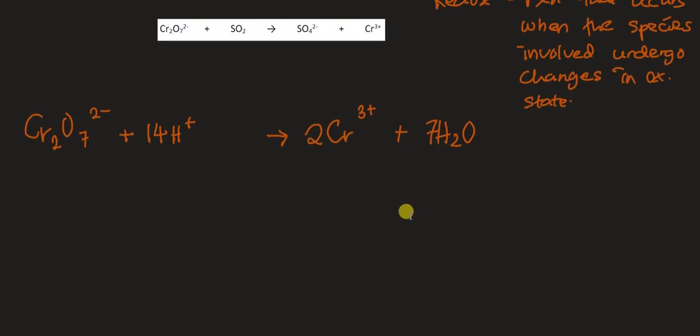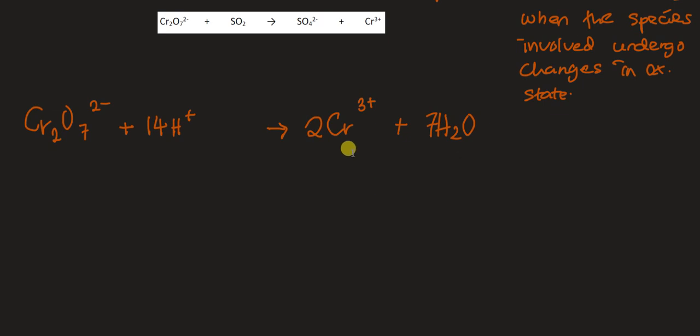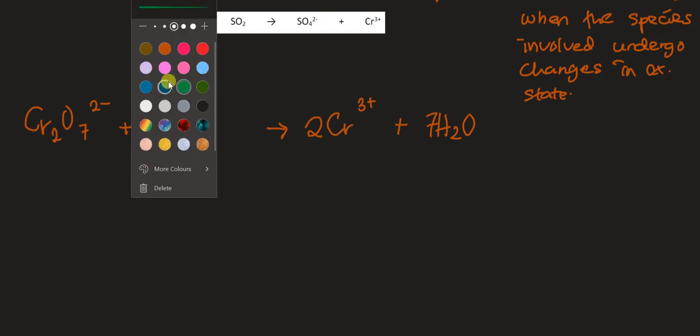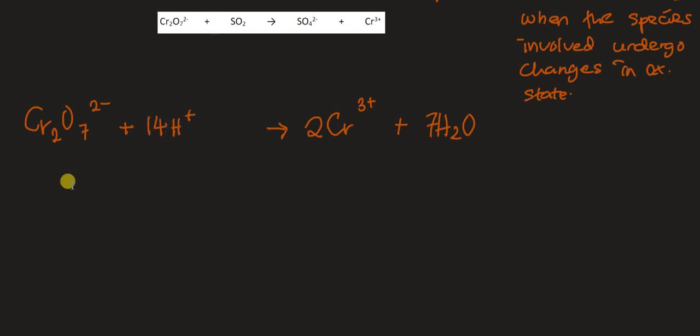What we can do now is balance the charges. So we have to calculate the charges on the left hand side and the right hand side. On the left hand side, the dichromate ion carries -2 charge, and there is only one of these.